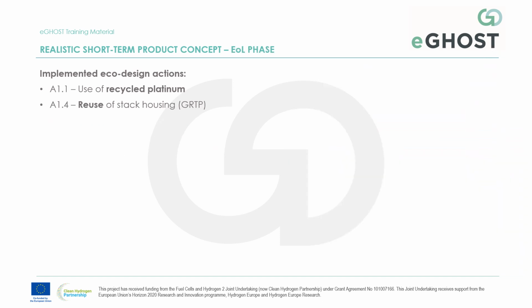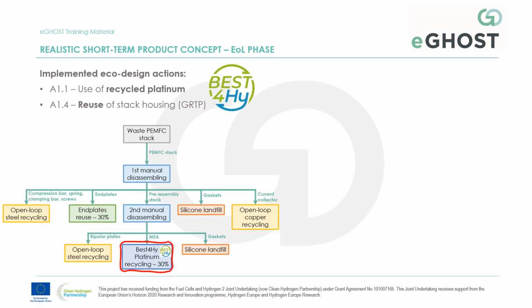We have also done the same for the end-of-life phase. So again, we have to redefine it and improve it from the base case. Here we use the results from the Best for High project, where the goal of the project was to develop some novel technologies for recycling platinum and ionomer, so together for the PEM technology, and also to recycle the anode from the solid oxide technology.